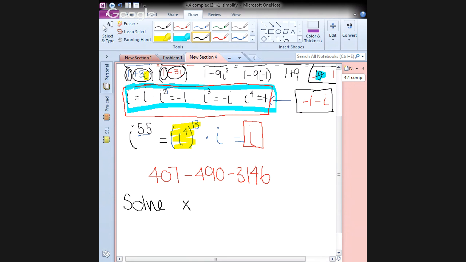Correct, the whole problem would still be i, because i to the 4th is 1, and then 1 to the 13th is still 1, and then 1 times i is still i. So 1 to the 13th power is just saying 1 times 1 times 1, 13 times, which is just going to still be 1. I hope that answers that, but if it doesn't, just keep asking.